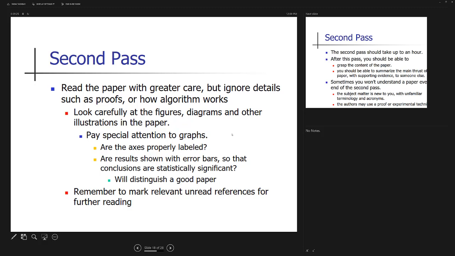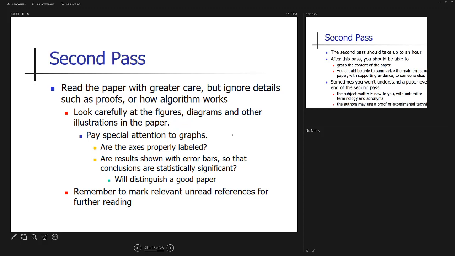Did he run it one time and just choose the best results and present them here, or did he actually run the experiment 10 times, up to a specific confidence interval or a specific standard deviation or whatsoever? It tells you how minutely the researcher actually looked into the results. This will distinguish a good paper. A good paper will have a very strong, detailed results section.